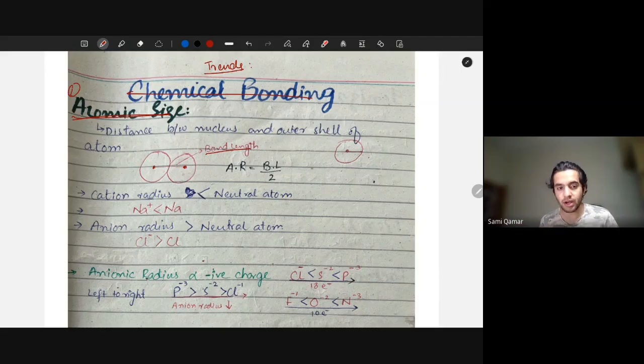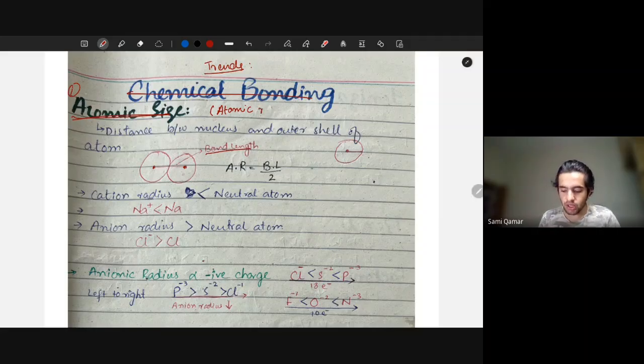IMAT will be asking you trends from atomic radius. Like if we move from left to right, atomic radius increases or decreases. If we move from top to bottom in a group, the atomic radius increases or decreases. But IMAT will be asking you some reasons as well why this is happening. And then there are two radii, cation and anion radius, that we need to study.